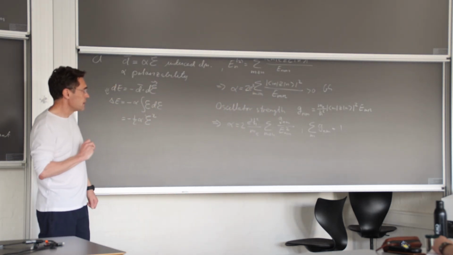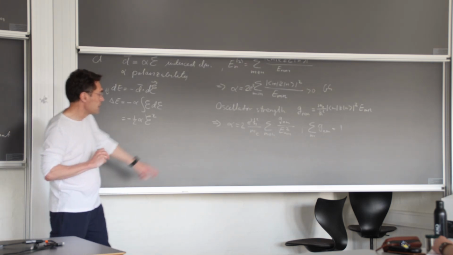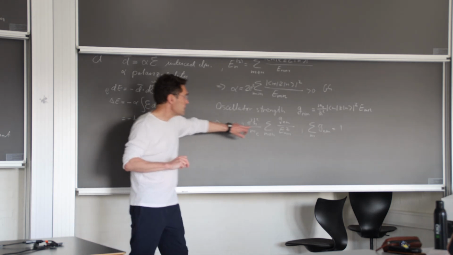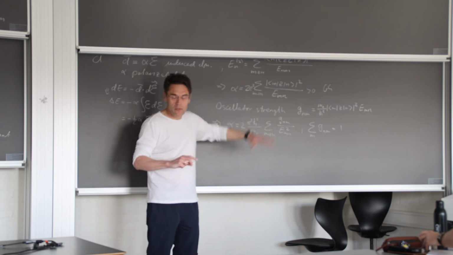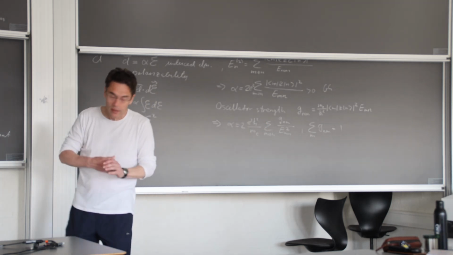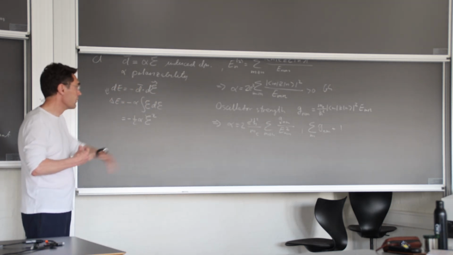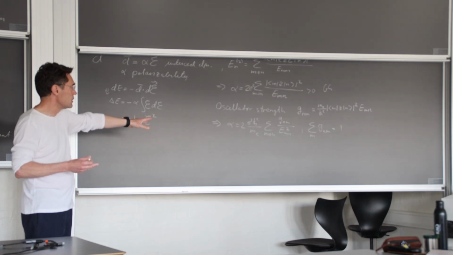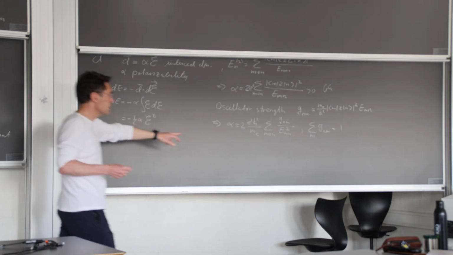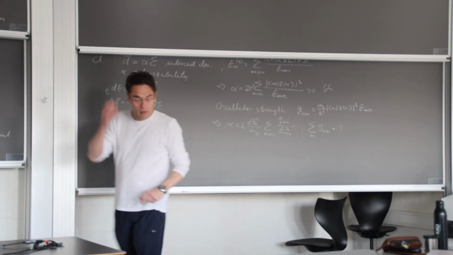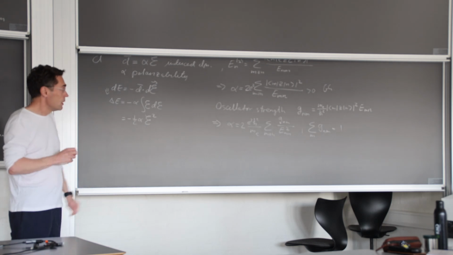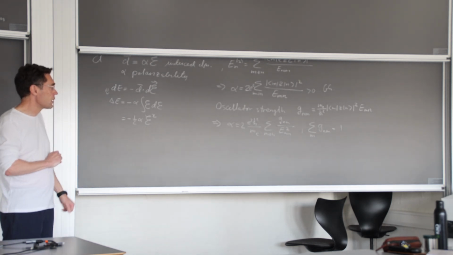So there's clearly some kind of bound on the largest polarizability that you can find, because these oscillator strengths must sum to 1. So you cannot have a bunch of transitions that are all extremely intense and giving lots of contributions to the polarizability, because if one is very large, the others are definitely much smaller. I think they sort of share the combined available oscillator strength.